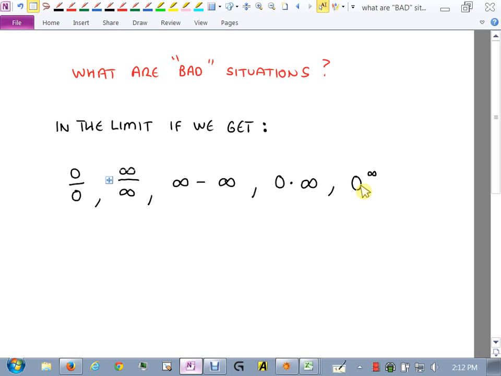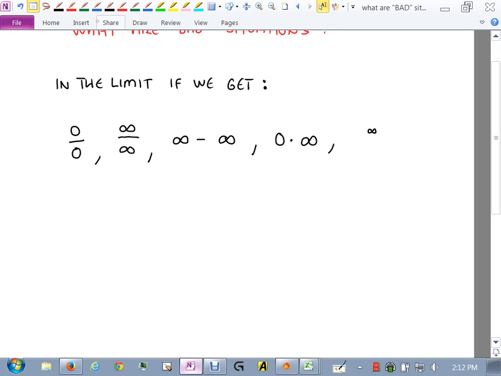Does it get bigger or smaller? Smaller, so it actually goes to 0 faster. So that's not a bad situation, that's actually a good situation. Let's put good situations below this, meaning things that we could figure out without having any issues. One of them that was mentioned is 0 to the infinity right there.